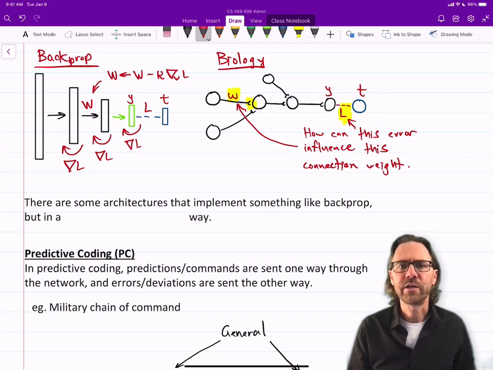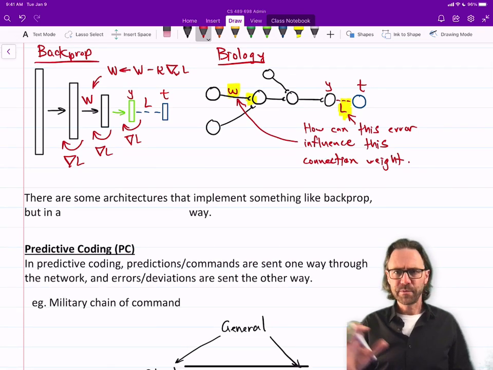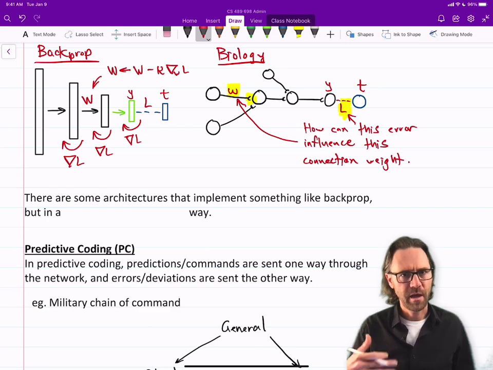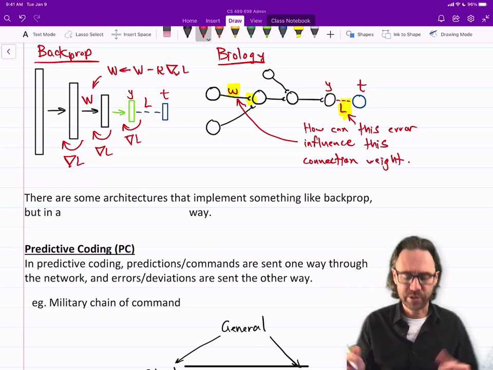There are some architectures that implement something like backprop, but in a more biologically plausible way.